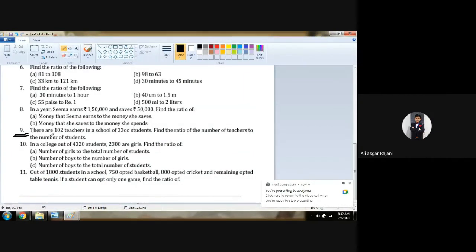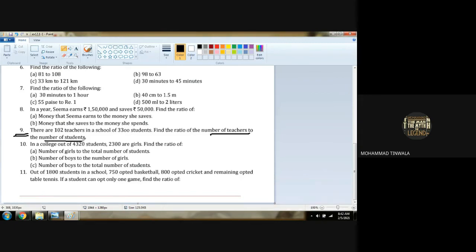There are 102 teachers in a school of 3,300 students. Find the ratio of the number of teachers to the number of students. What is the ratio? We have to find the number of teachers to the number of students. Got it?